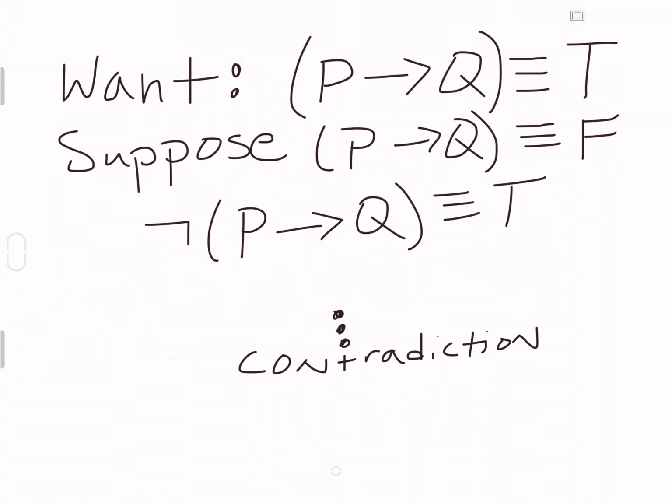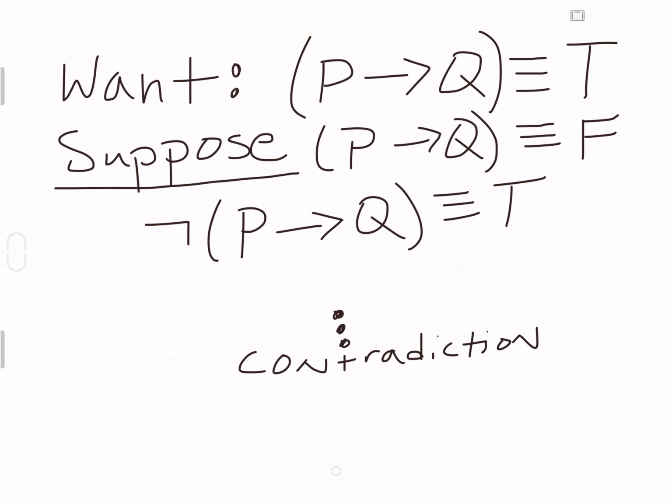So again, to recap, we want P implies Q to be true. We say, what would happen if P implies Q is false? Well, if P implies Q is false, then its negation, not P implies Q, would be true. Then we do some true mathematical stuff. We get a contradiction. And we say, well, if everything we've done in here follows the rules of logic, then we know none of those things could be incorrect.